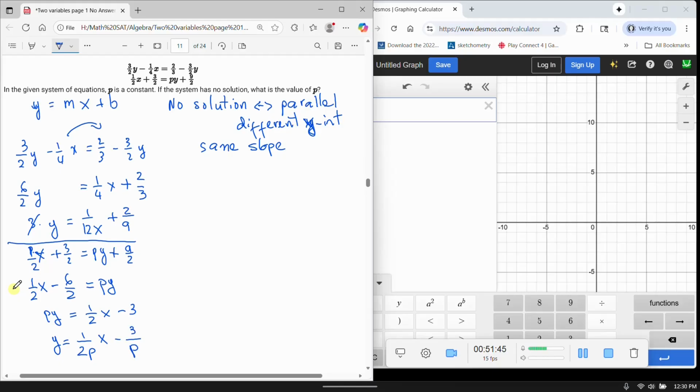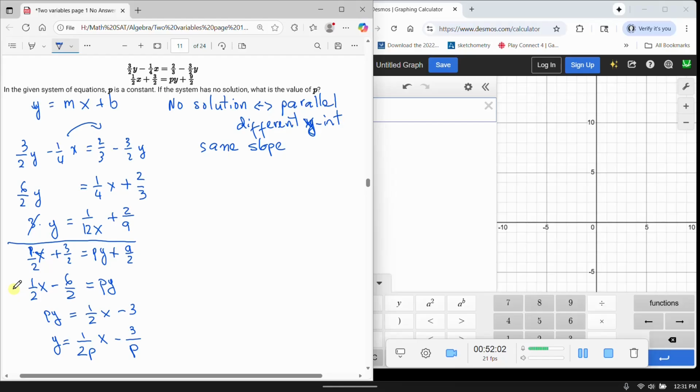Now, when we're talking about systems of equations, the solution for one equation is also the solution for the other equation.